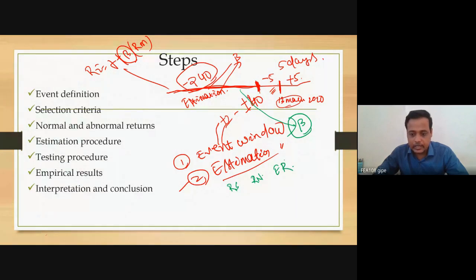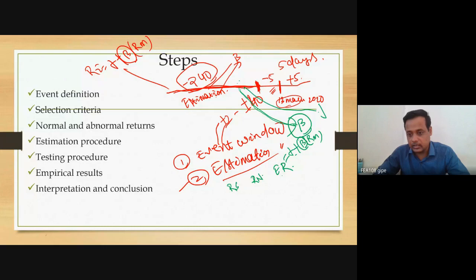The expected return ER equals again alpha plus beta Rm. Now we'll apply this expected return in the event window, that is plus minus 5. And what is alpha? Alpha is the stock return. What is beta? Beta is the beta from these 240 days that we got.